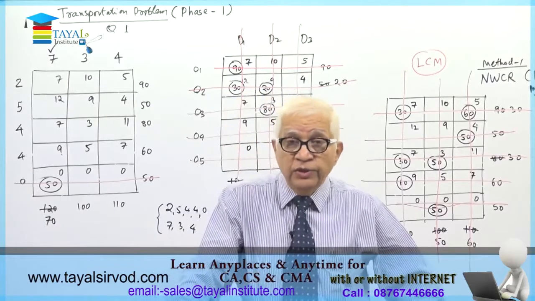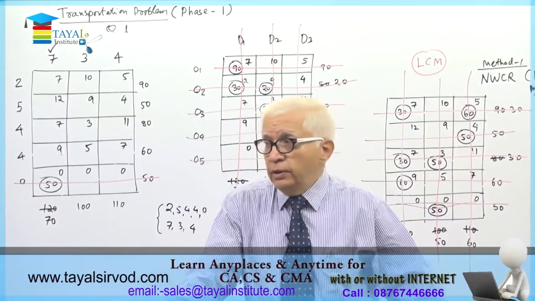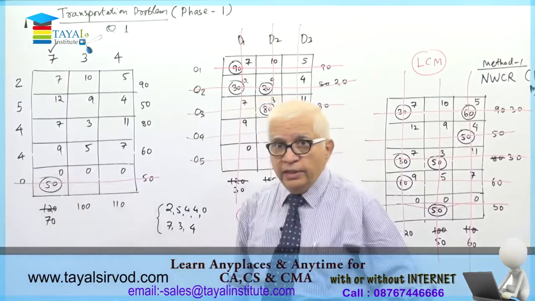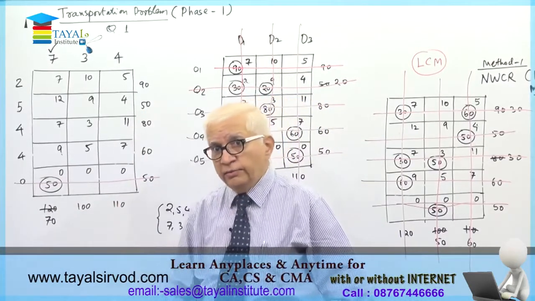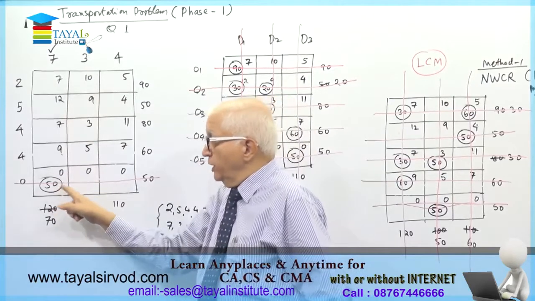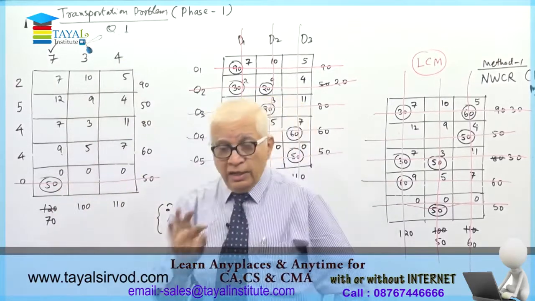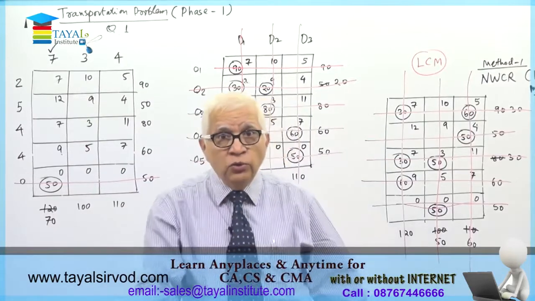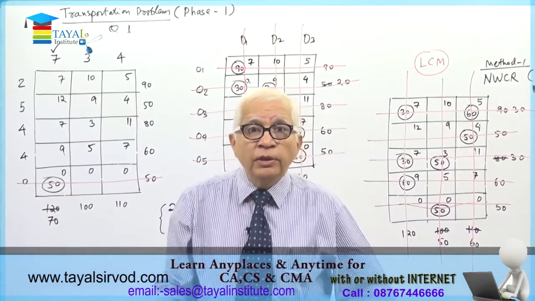Now, look at this situation. I have deleted one row. Row number 5 stands deleted. Can you see therefore that from each column I have deleted one cell? From this column I have deleted this cell, from this column I have deleted this cell, from this column I have deleted this cell. That means cancellation of a row results in cancellation of one cell from each column.